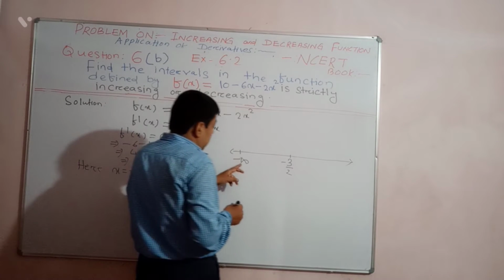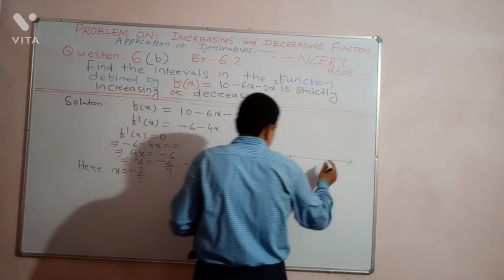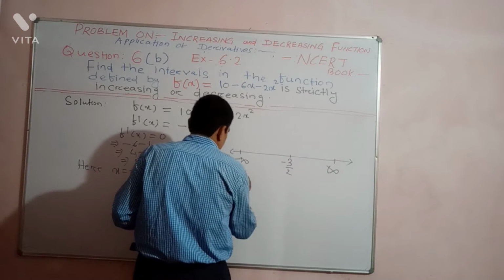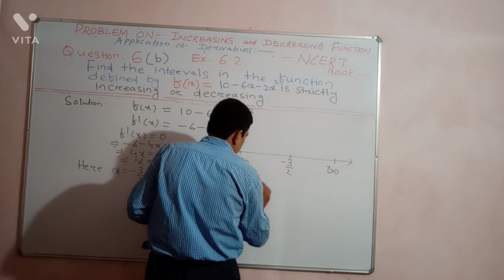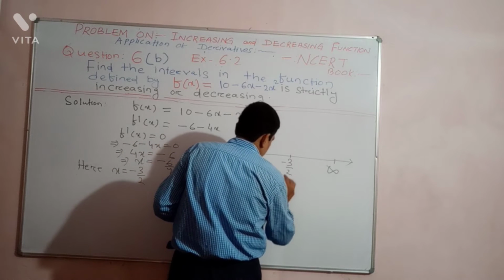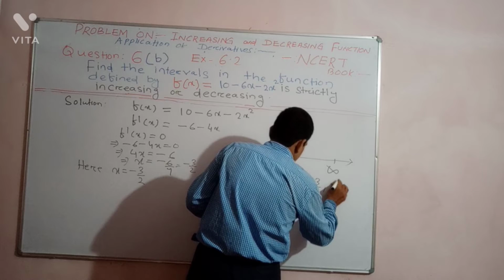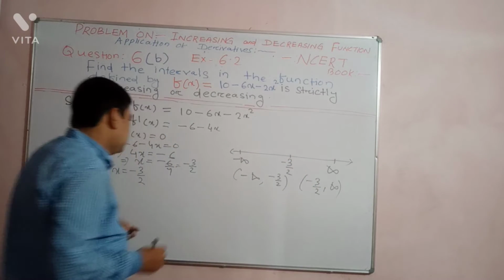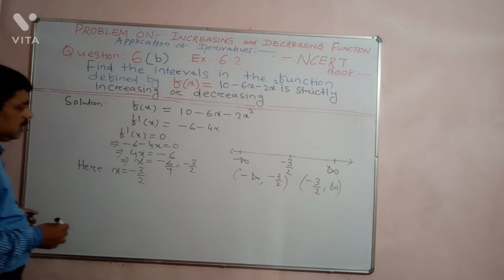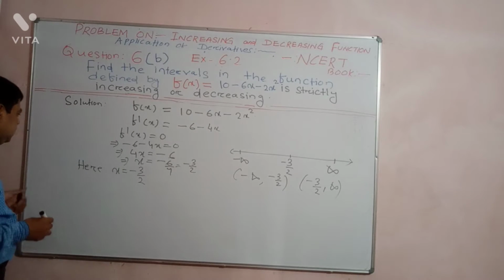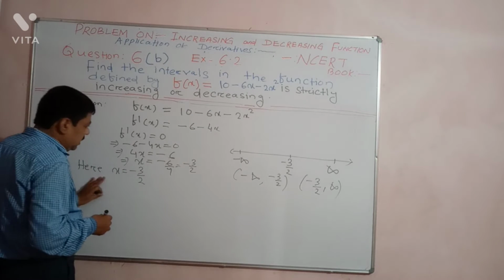One is (-infinity, -3/2) and the other is (-3/2, infinity). We are getting two disjoint intervals, and we have to find in which interval the function is strictly increasing and in which interval the function is strictly decreasing.